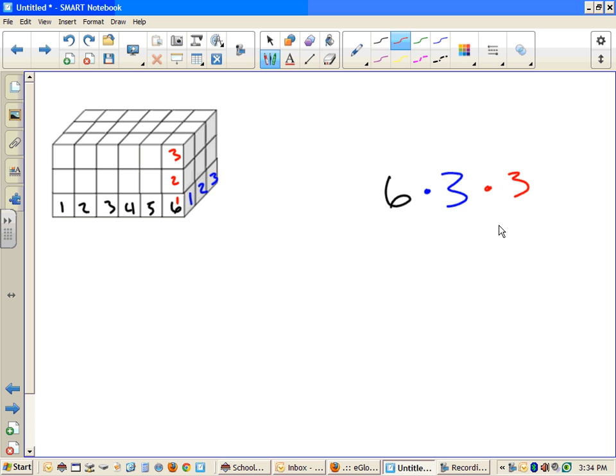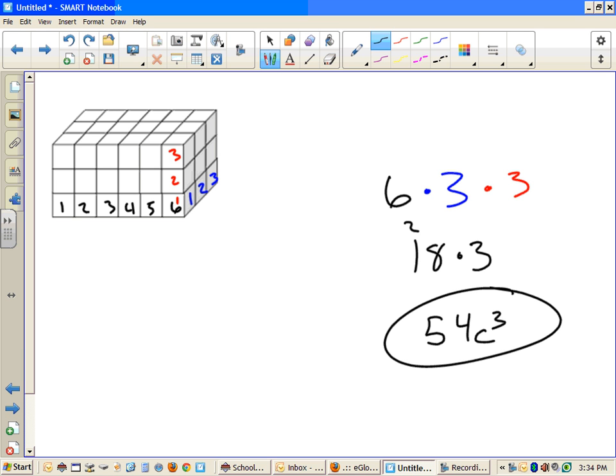So 6 times 3 is 18, and 3 times 18 is 54. So on this one, we get 54 cubes cubed.